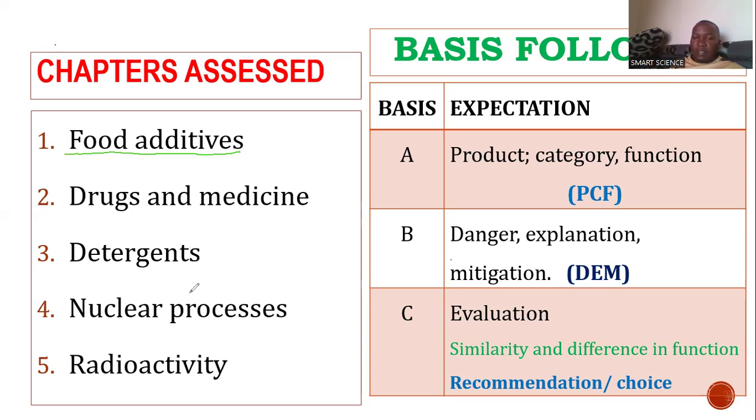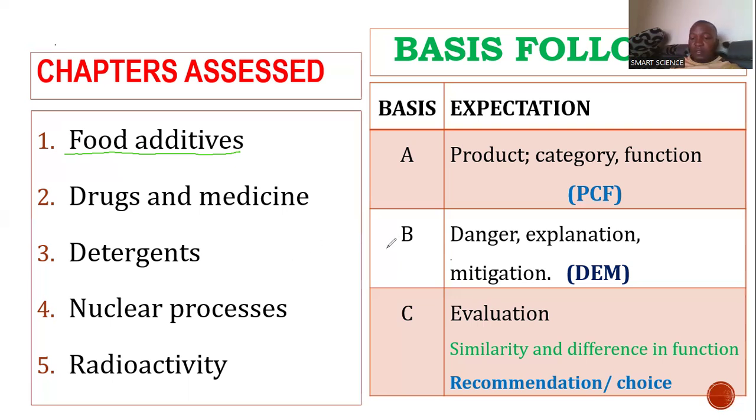For nuclear processes, we can have nuclear fission or nuclear fusion. Then when it comes to radioactivity, we look at a radioactive substance, which can be given, as we are going to be seeing.